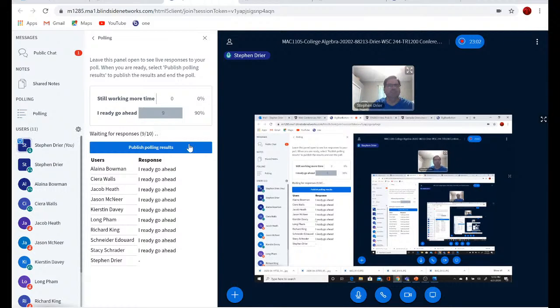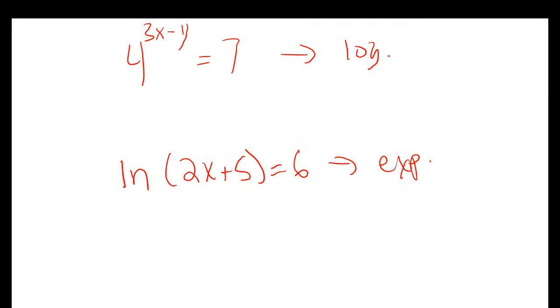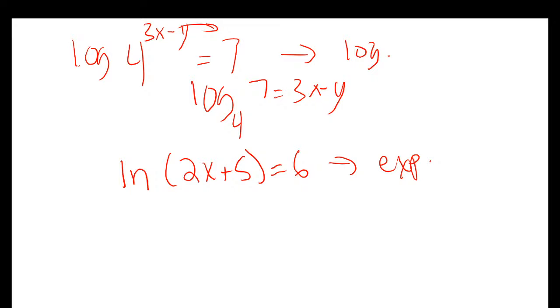All right, here we go. To convert this to a log, again, throw a log in front and then swap these two around. Three x minus y. The second one is the tough one, right?